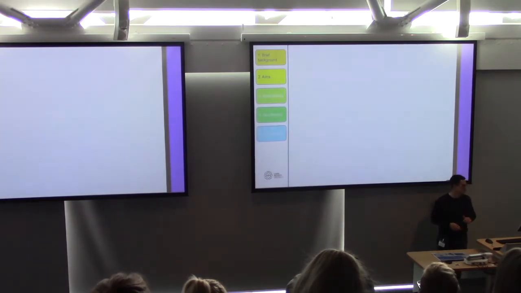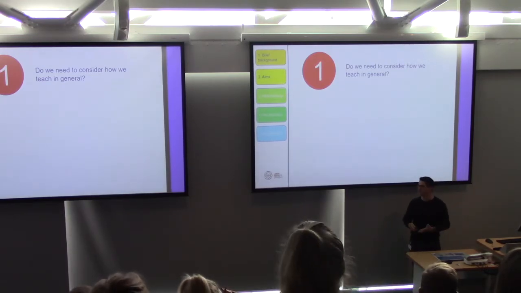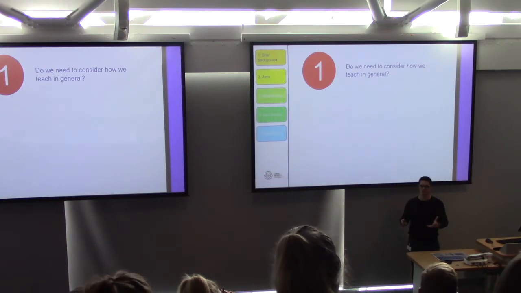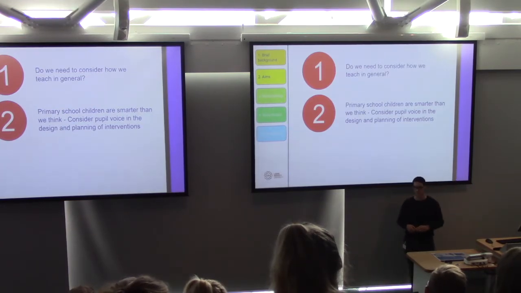So, in terms of the implications, do we need to consider how we teach in general? Yes, we probably do. It's a broader issue than just physically active learning. It's an education-wide issue. Secondly, primary school kids are smarter than we think, as I've alluded to. So do we need to consider pupil voice in design and planning of interventions?